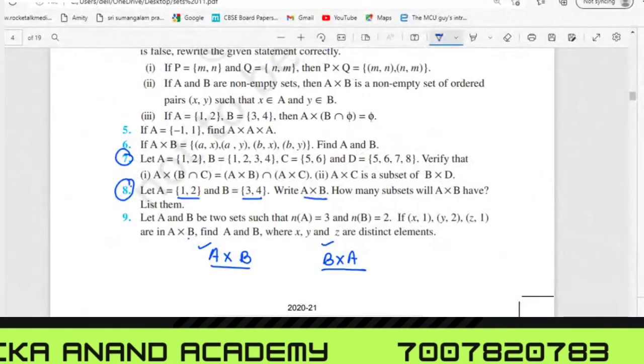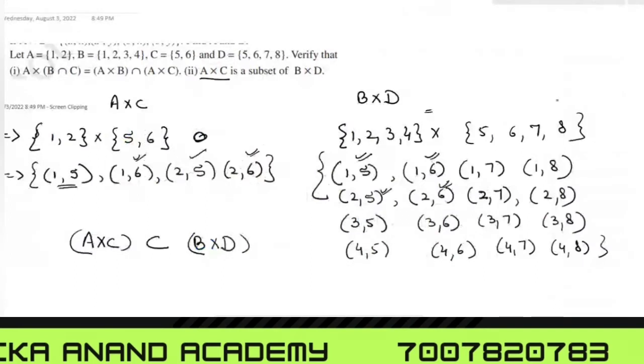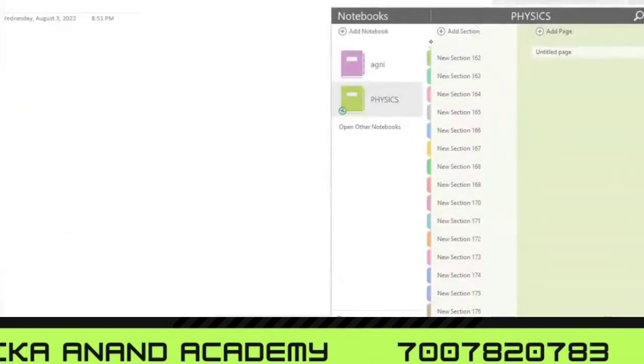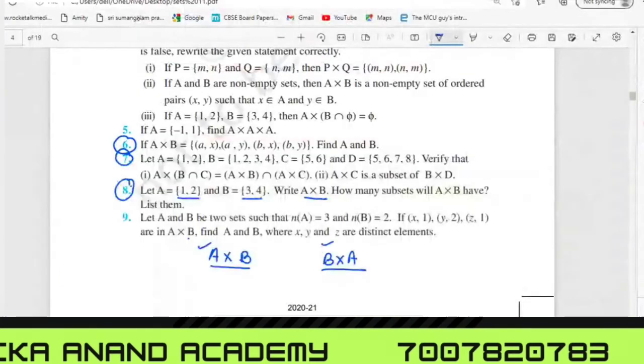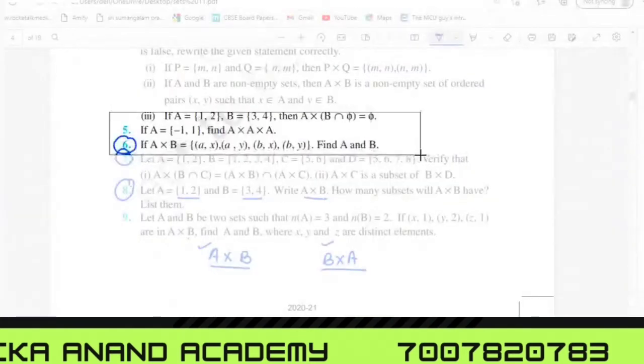Now, for example, question number 6. This is also of the same pattern, but the question is different here. Listen. It is given already.